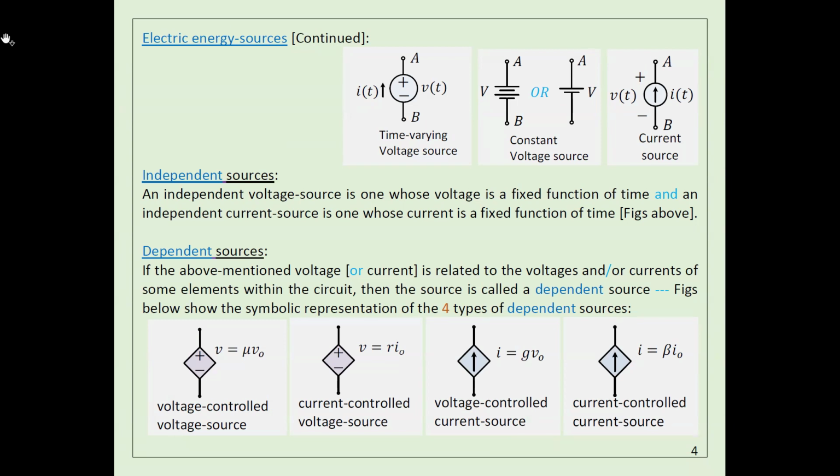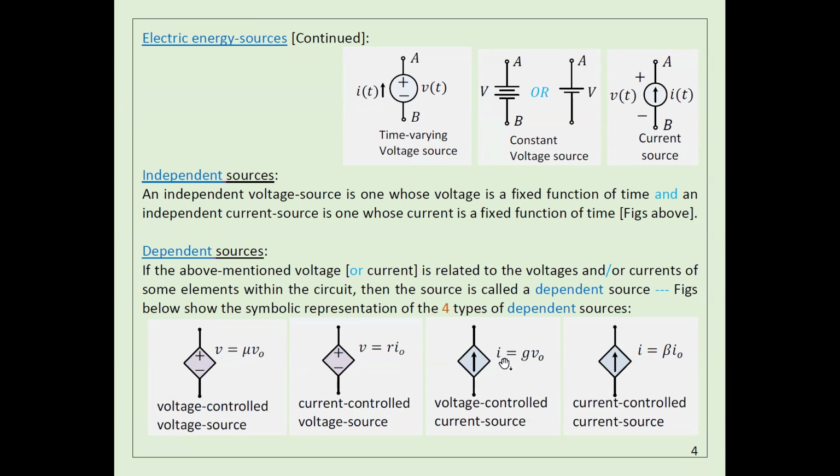However, here, and you need to be familiar with the symbols, if we use the diamond symbol, as you see here, that means this one is a dependent current source. Dependent means the amount of voltage here depends on a certain element in the circuit. Same thing here.